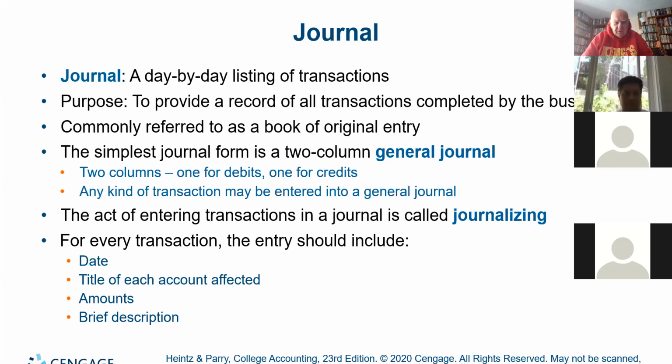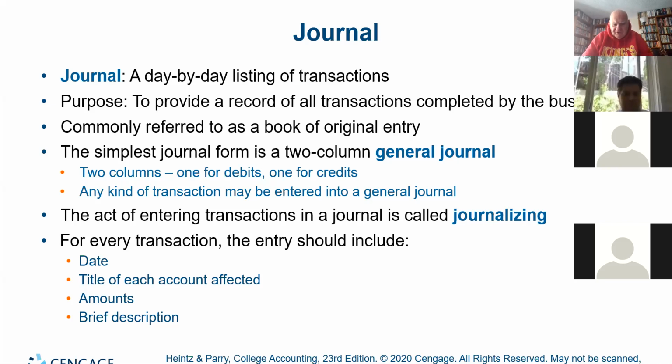For example, you got the electric bill today and you're going to pay it next month. So your journal entry, you debited electricity expense and you credited accounts payable. All you have to say is to record electricity expense. That's all you need to do. It needs to be short and sweet and to the point.